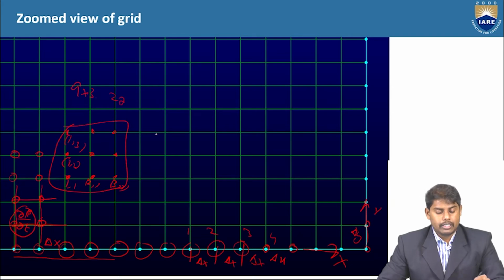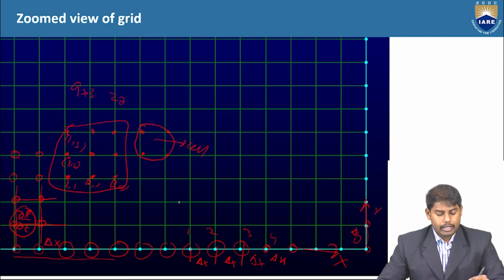And you can see this smallest entity is called a cell. Grid cell or mesh cell, whatever we call it, and this cell is constructed with the help of 4 grid points.